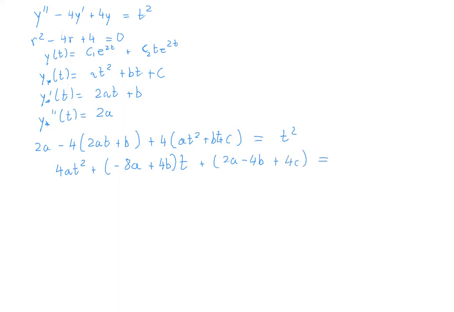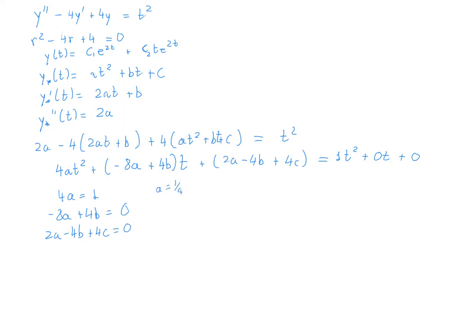You might want to think of t squared as 1t squared plus 0t plus 0, which means that 4a should be equal to 1, minus 8a plus 4b should be equal to 0, and 2a minus 4b plus 4c should be equal to 0. So a is equal to 1/4.